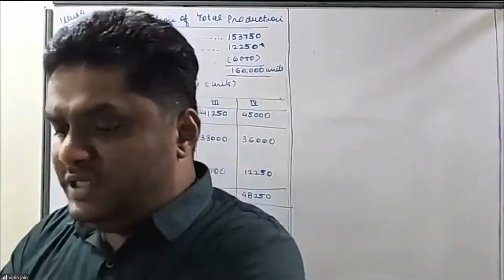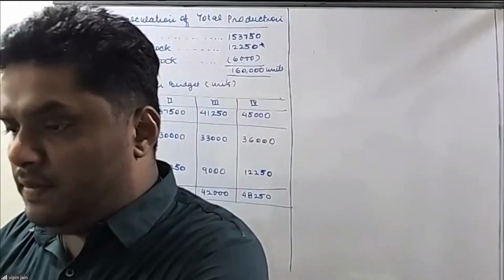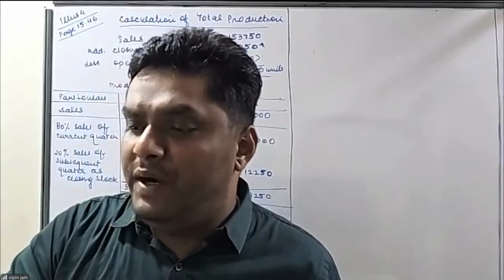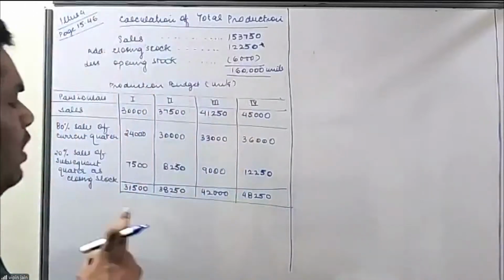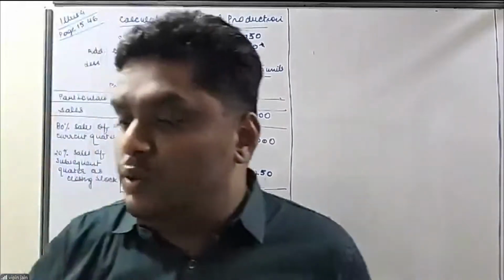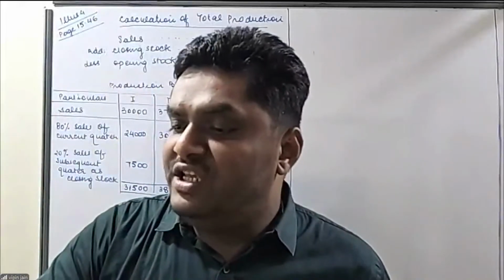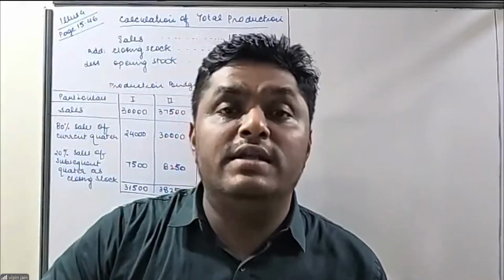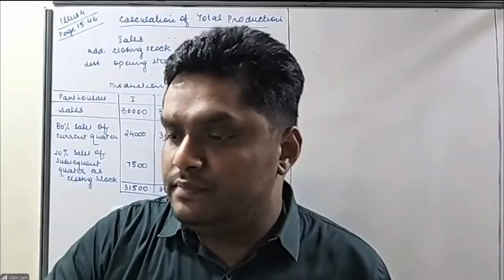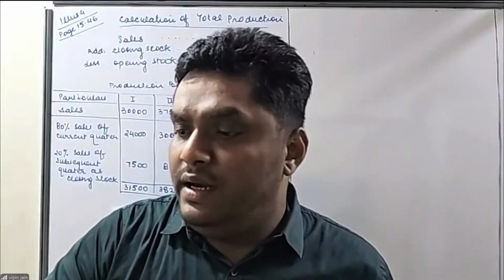So now let's proceed further. The question is asking us to calculate the production budget, so this is my production budget quarter-wise. Now the next question is the raw material consumption budget, again in quantity. So let's start with the raw material consumption part.